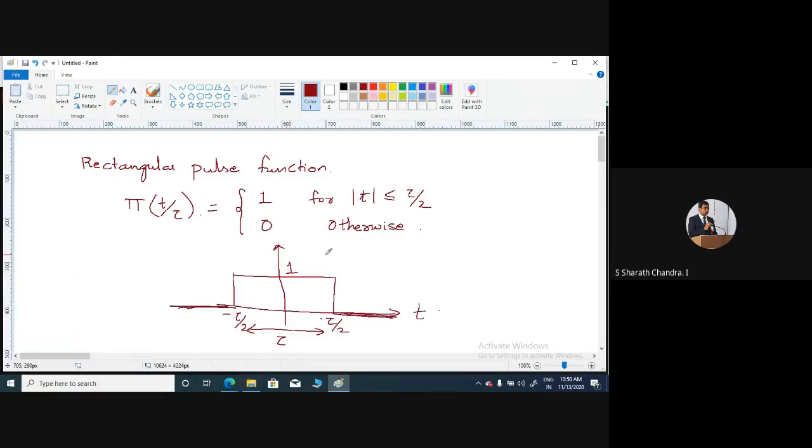Such a function we generally call a rectangular pulse function. Sometimes this is also known as gate function, and in some books it is represented as g tau of t, where tau represents the pulse width of this gate function. You could see that this function exhibits symmetry, and it is an even function of t.